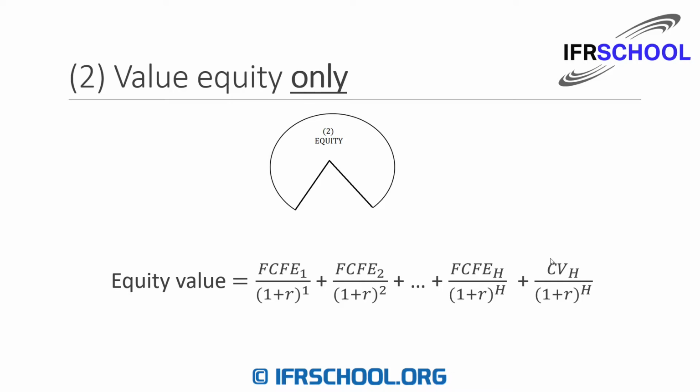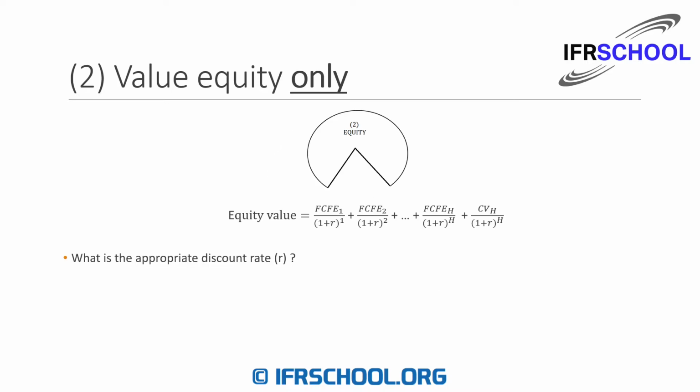This reflects the value of all free cash flows to equity from the end of the forecast horizon to infinity. Finally, we add up the discounted free cash flows to equity over the forecast period and the discounted continuing value to arrive at a value for the firm's equity.